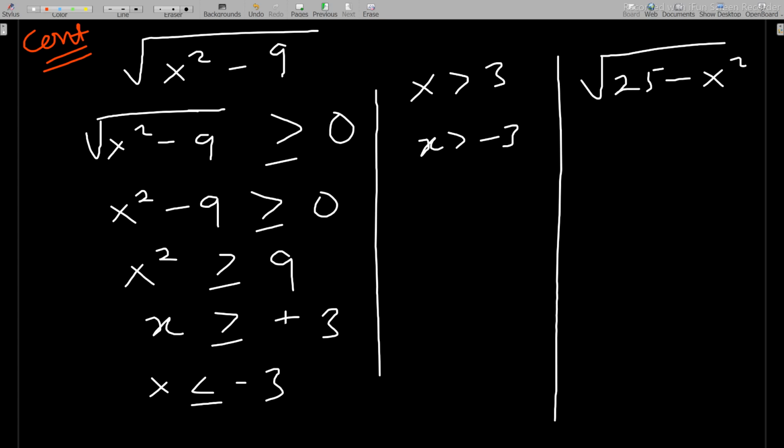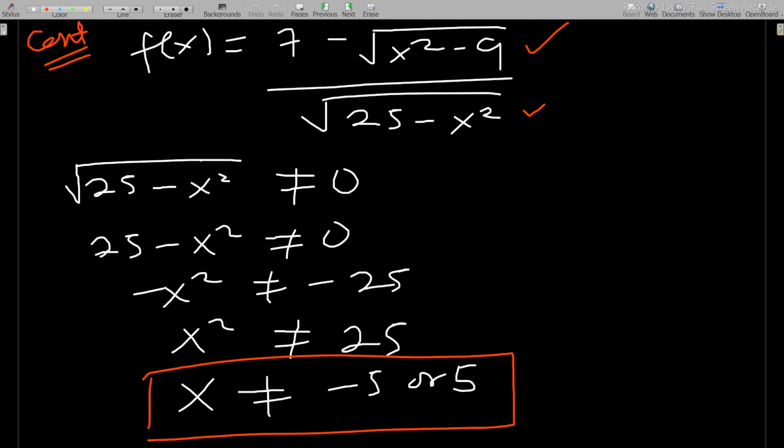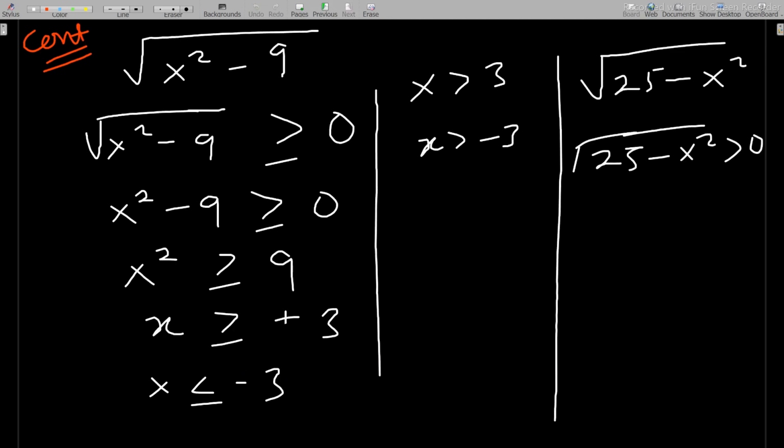It should be greater than 0. If I put greater than or equal to, it means this can be equal to 0, but in our first point we said this shouldn't be equal to 0, so the equal sign is not there. So I have negative x squared greater than negative 25.